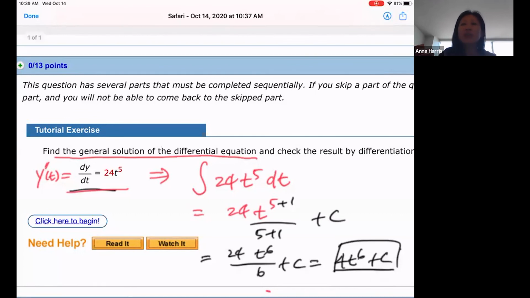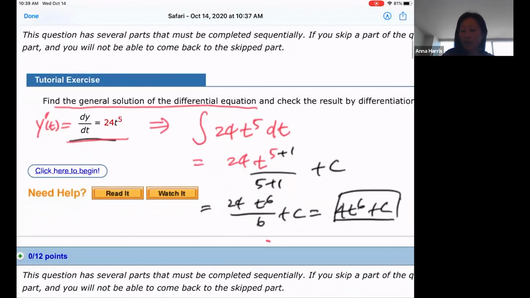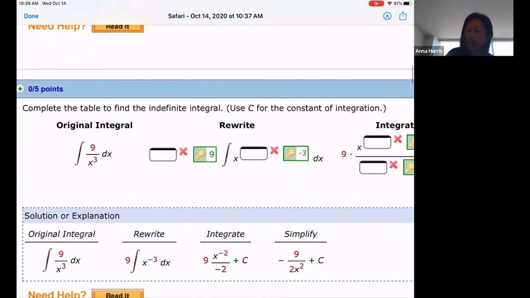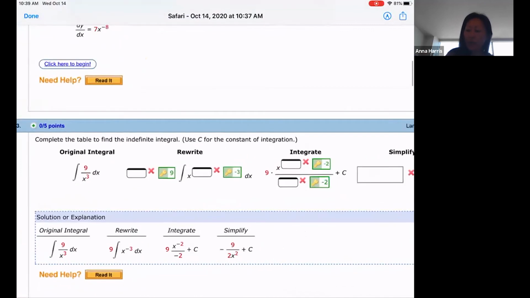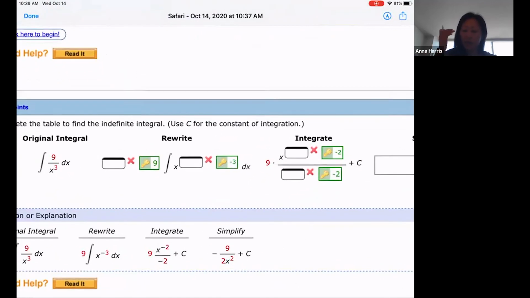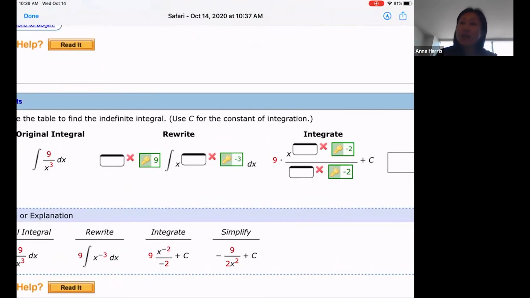So find a general solution really means take the antiderivative of the given differential equation. So you do exactly the same thing. All right, this one, they're asking you to do step by step. Okay, so first thing, just like when you take a derivative, you do it the same way. They gave you problems like this. You need to write this problem separately, okay?